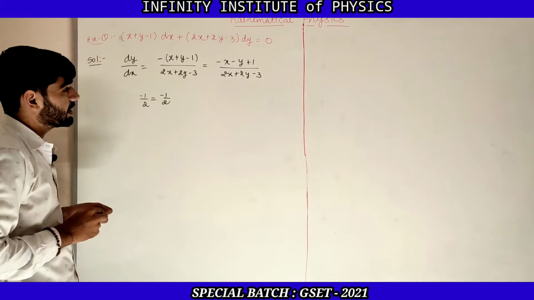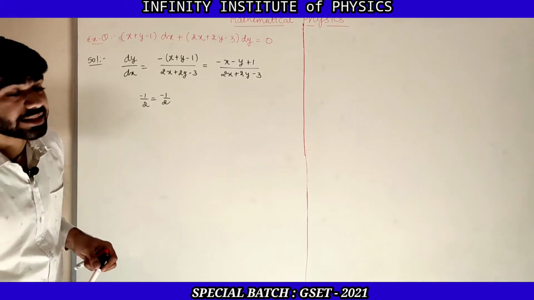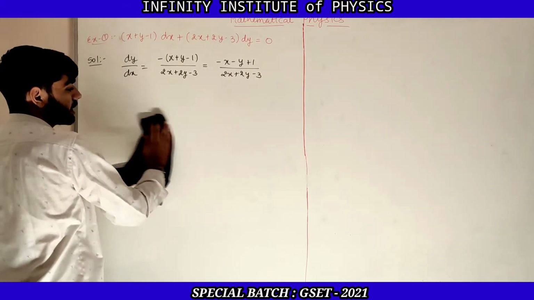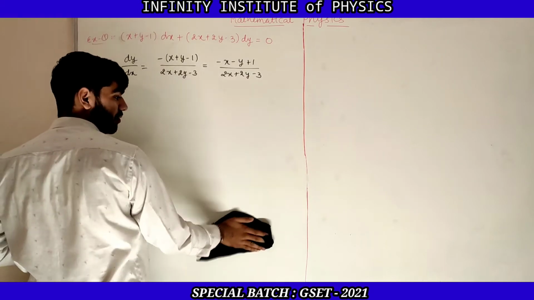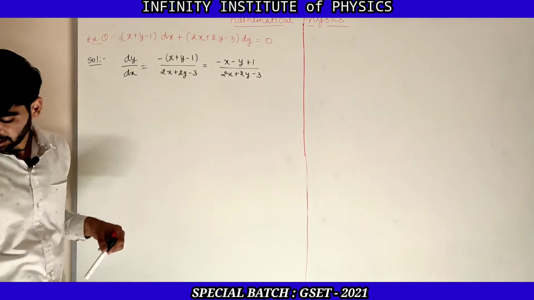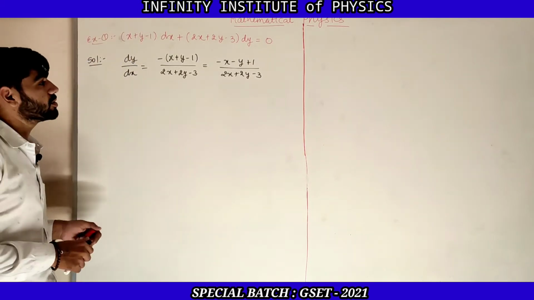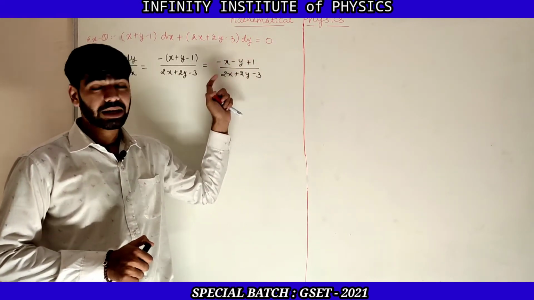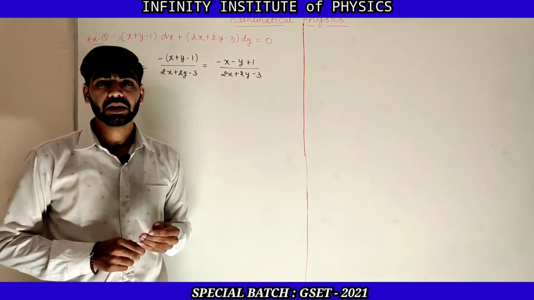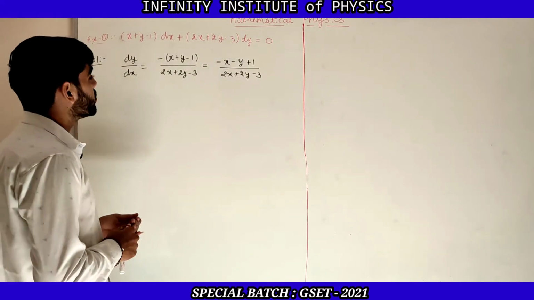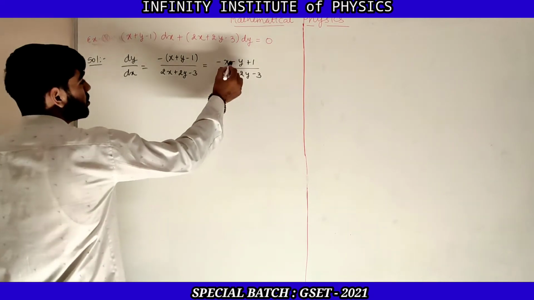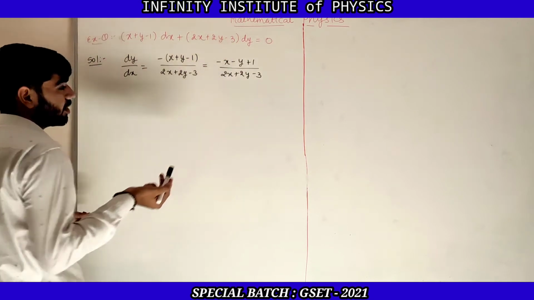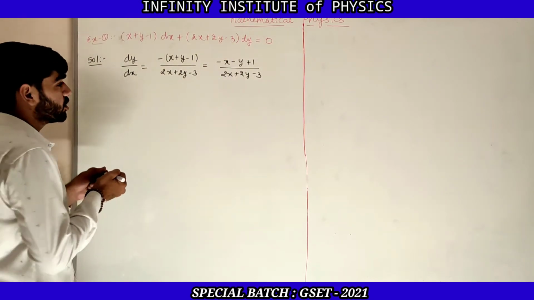So now you can see that the ratio is the same, the ratios of coefficients of x and of y in numerator and denominator are both equal. So now you just need to assume that x plus y, or minus x minus y, is equal to t.